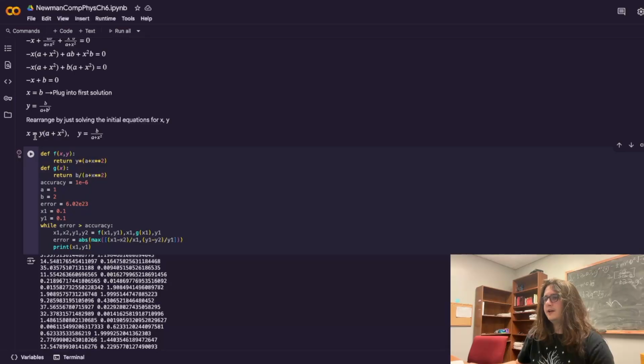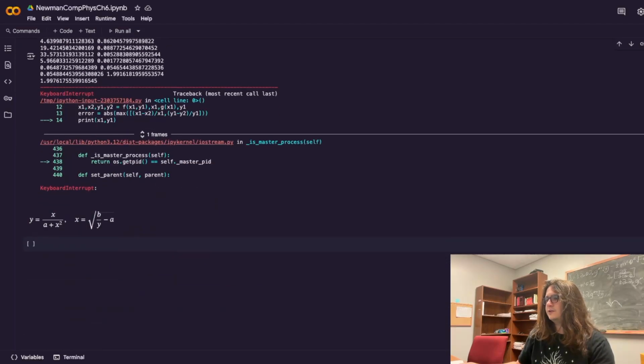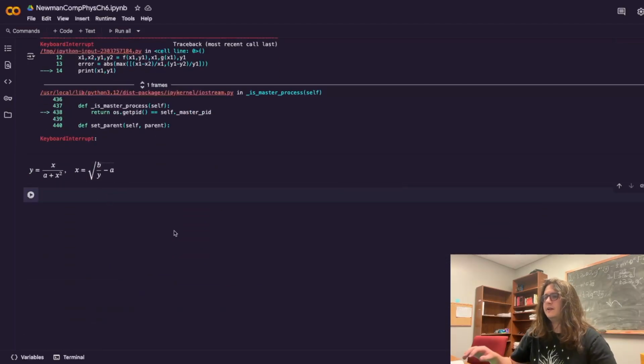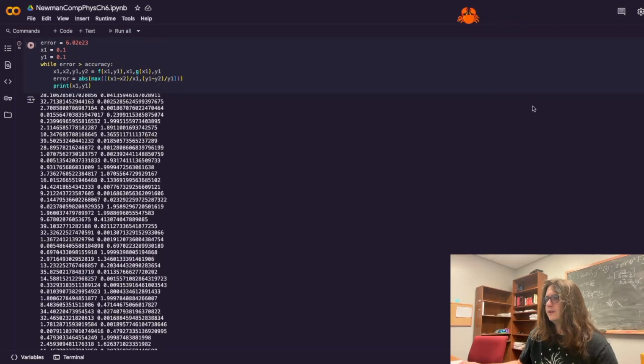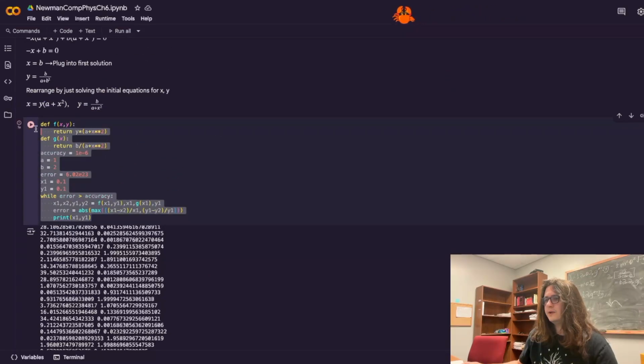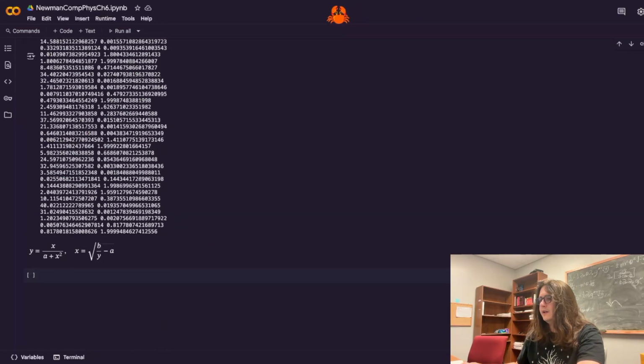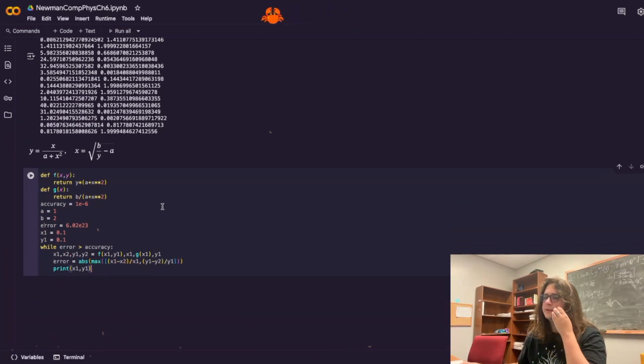But then solve this guy for y and solve this guy for x, and you get things which look like this instead. And so what we're going to do is copy down this old code up here, which did not work, and all we're going to do is change the function calls.